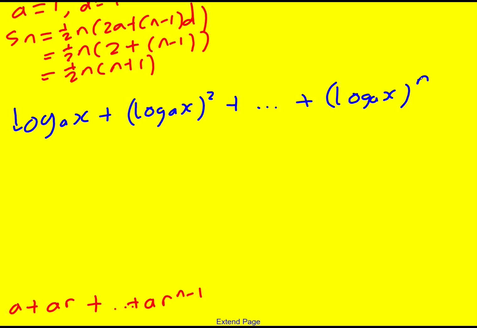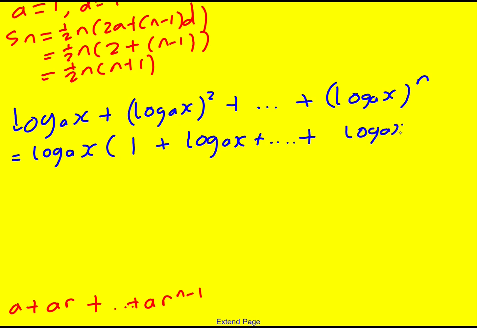See, I've got a power of n here, so I'm just going to make one adjustment and factorize out a log to base a of x. So then I'm going to get a as 1. And this will become n minus 1. It's now in the right sort of form, so I'm going to have a equal to 1 and r equal to log to base a of x.